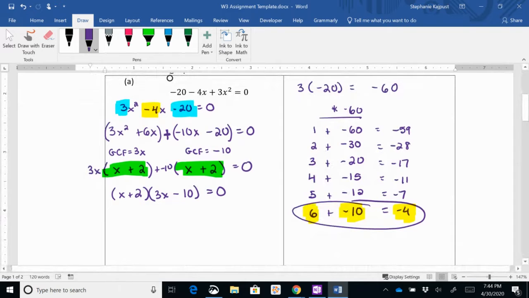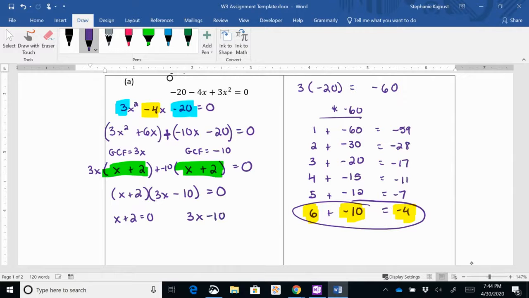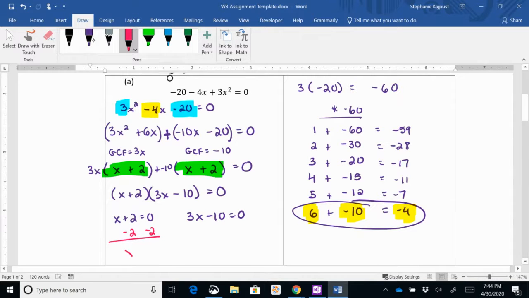From here, you just set each factor equal to 0. So you have x plus 2 equal to 0, 3x minus 10 equal to 0, and then you solve for x. I'd be subtracting 2 from both sides for the first equation, which gives me x equals negative 2.